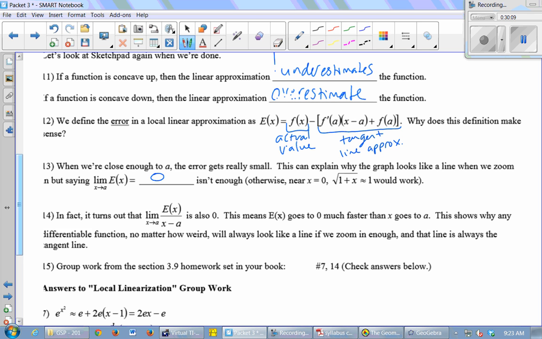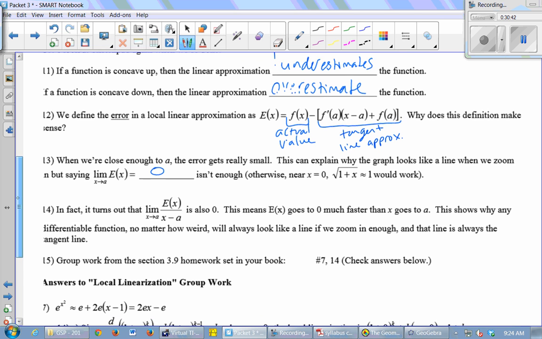It can't just be that the error goes to 0, because otherwise I could use the square root of 1 plus x approximately equal to 1 as my tangent line approximation, but that is not, because the square root of 1 plus x does go to 0 as x goes to 0, but that's not a very good approximation. So it turns out that we have to say something a little bit stronger about what happens to the error. It does have to go to 0, but it has to go to 0 very fast.